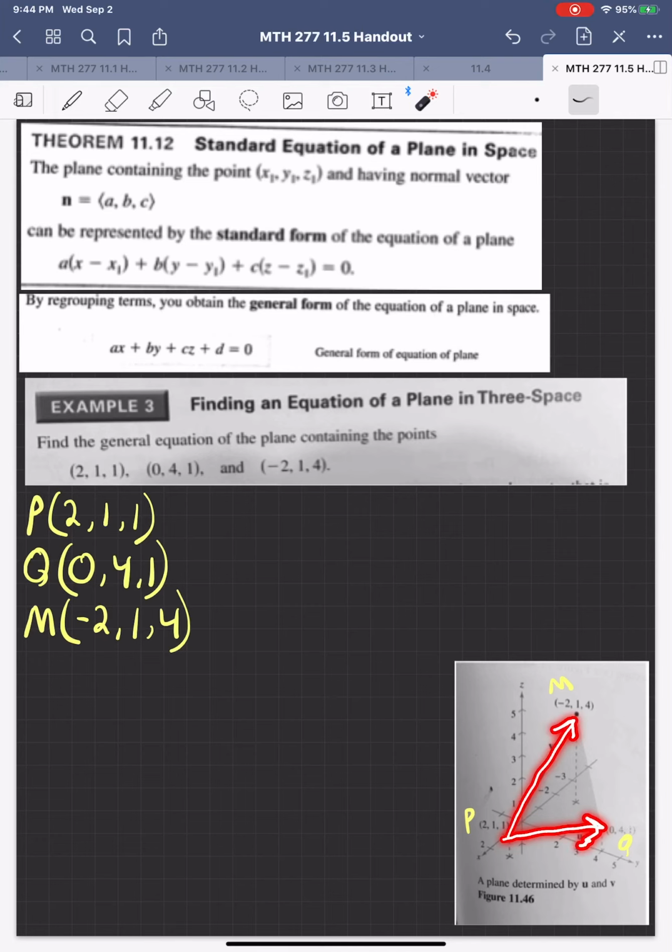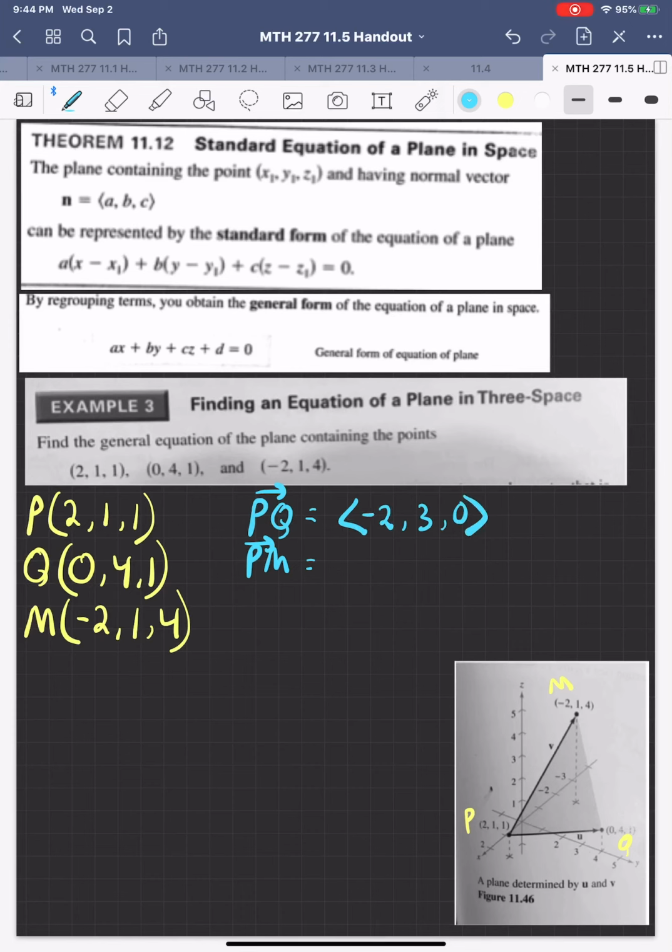Do you agree with me that if you take a cross product, you get a vector that is perpendicular to the 2 vectors you have, right out of the last section? So that's exactly what I'm about to do. Let's form P to Q. Let's form P to M. I've got to pick up the pace a little bit, and I think you can follow how I did this.